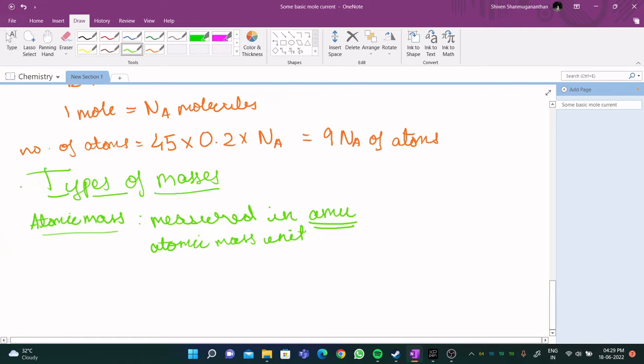Now, the second type of mass is molecular mass. This is the mass of one molecule of an element. It's measured in U, which stands for unified mass.